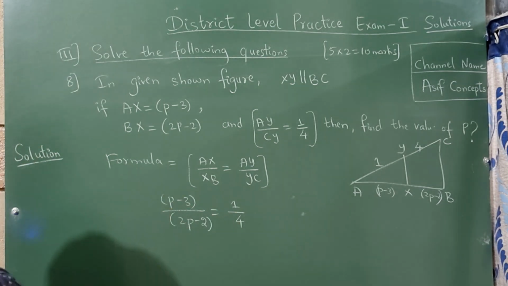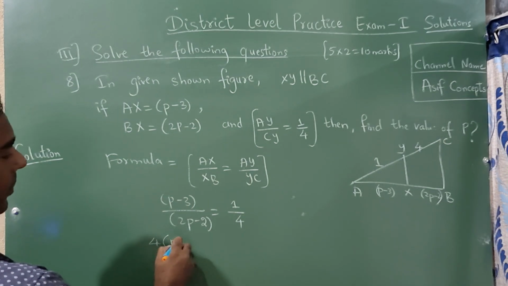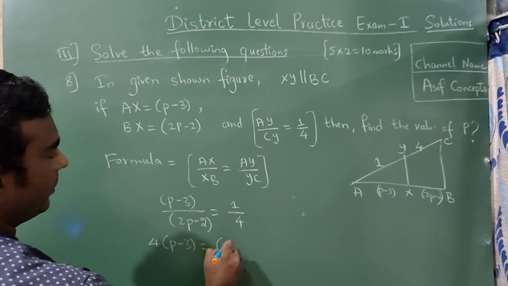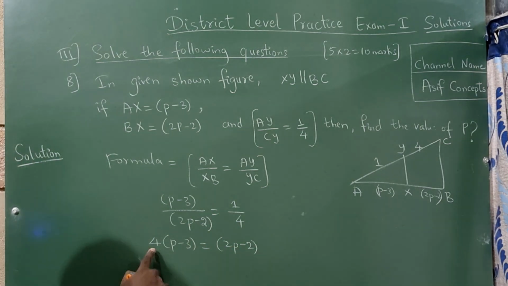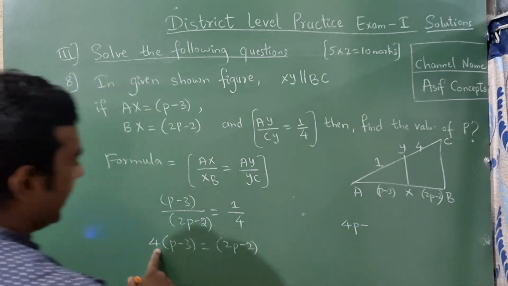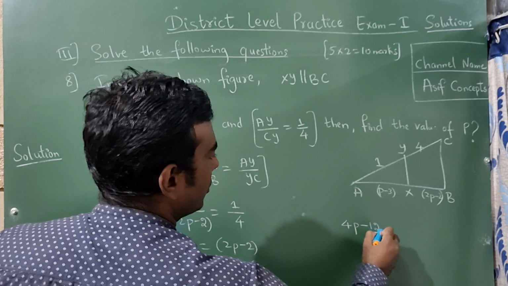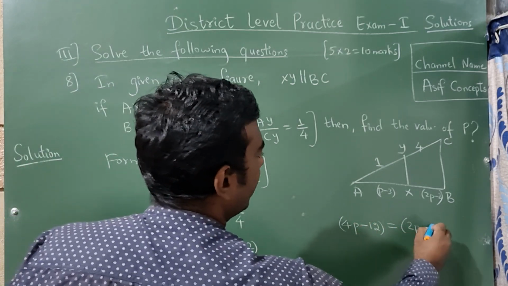Now cross multiply this. It will be 4 times (p minus 3) and this will be 2p minus 2. Now multiply this. It will be 4p minus 4 threes are 12, which is equal to 2p minus 2.